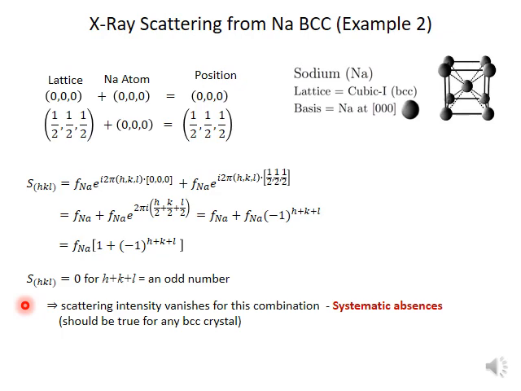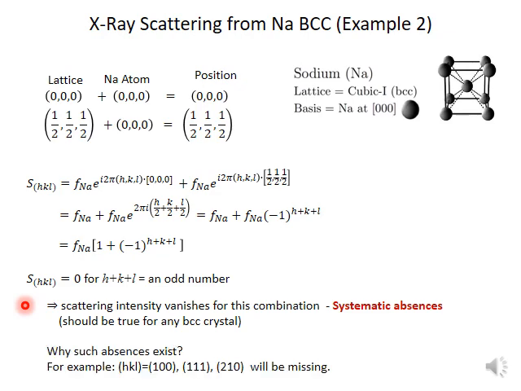So that's a very peculiar thing, this absence of scattering from a particular set of lattice planes. This is called a systematic absence, and in the BCC crystal, all those combinations of HKL whose sum gives you an odd integer are missing from the diffraction pattern, or their scattering is missing from the scattered intensity.